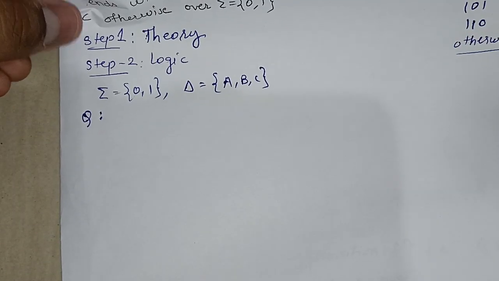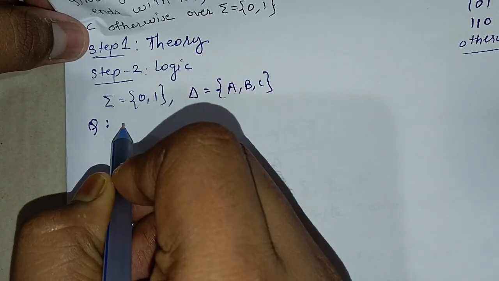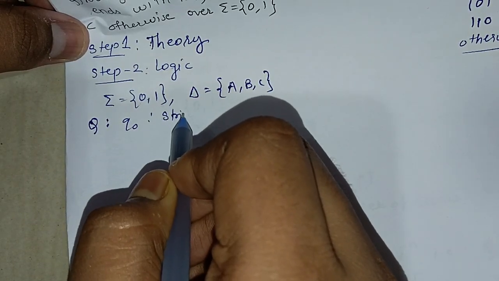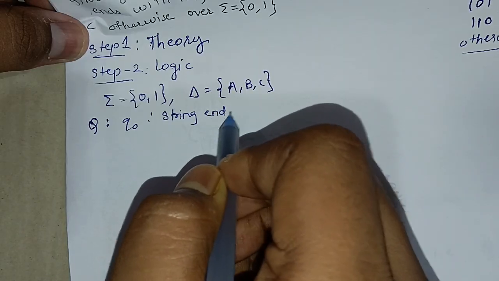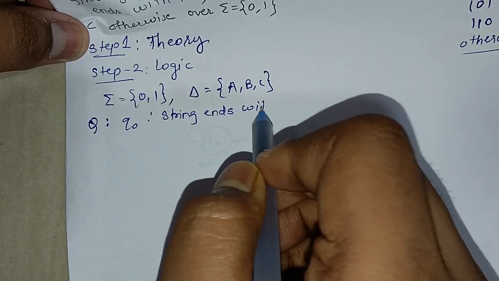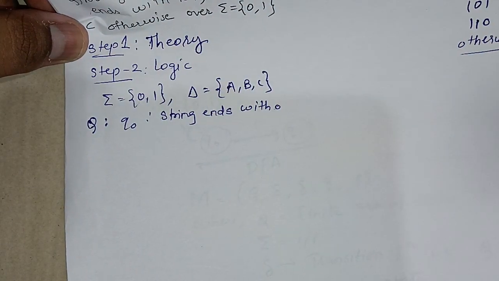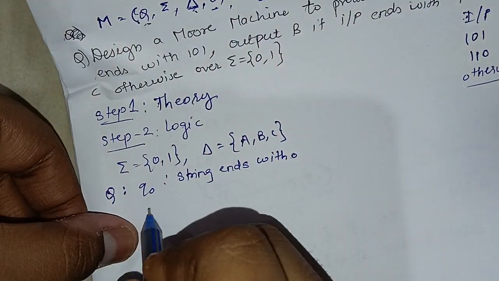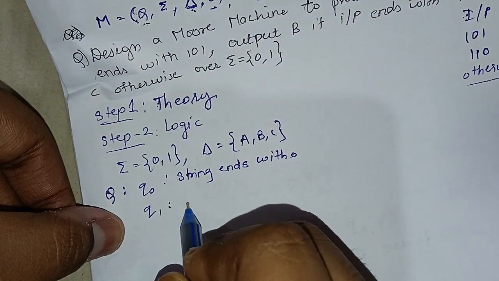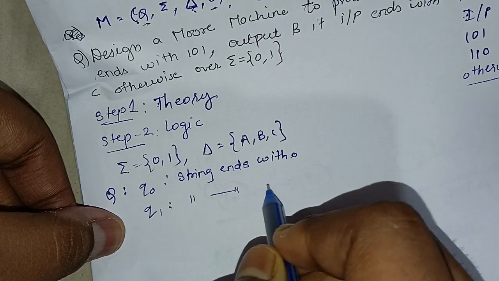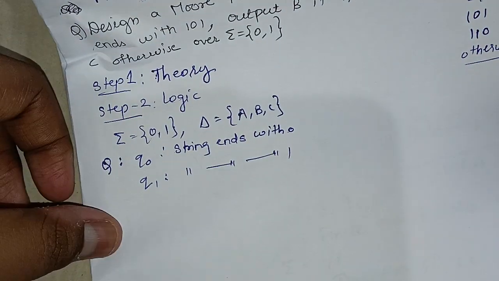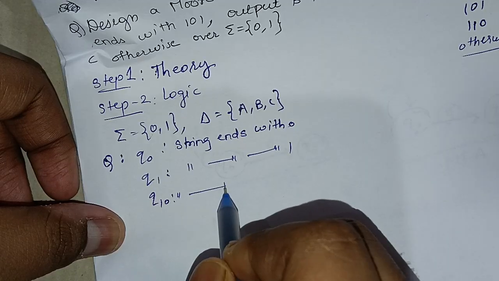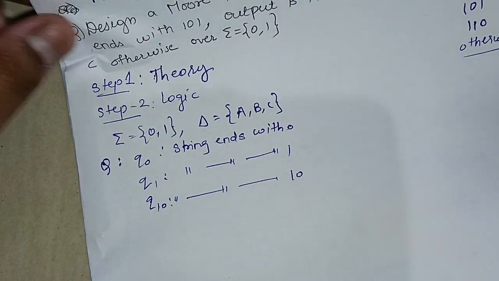Q, finite set of states, in which I will take Q0 as our string ends with 0. Now see, Q1, string ends with 1, same Q10, string ends with 10.